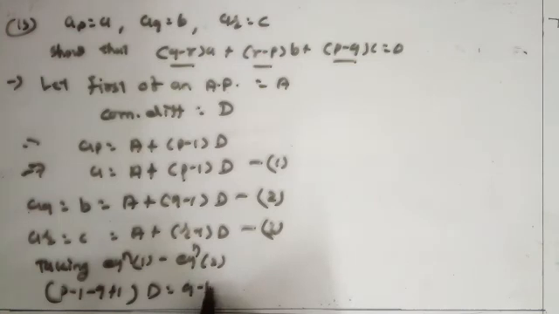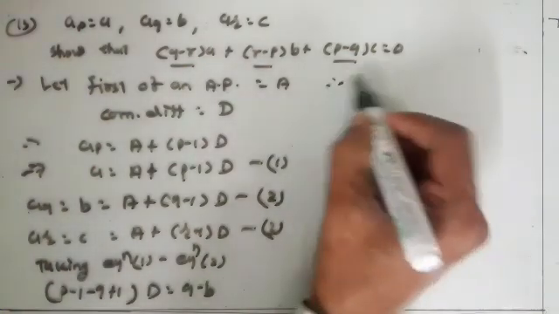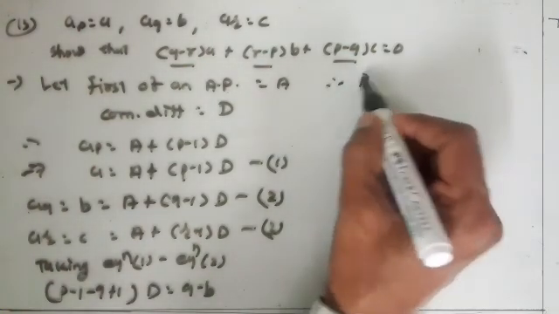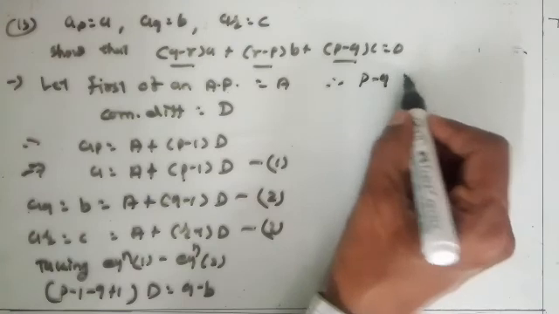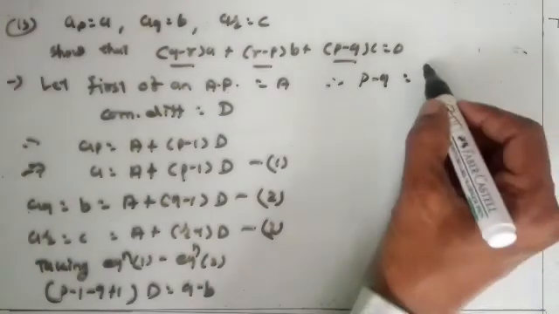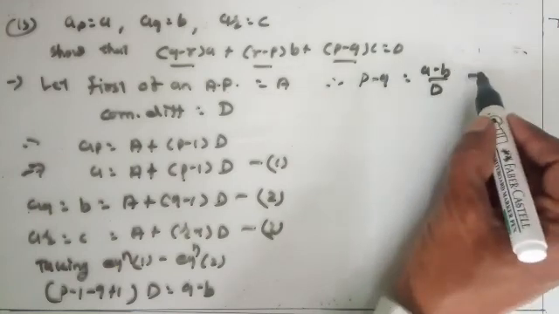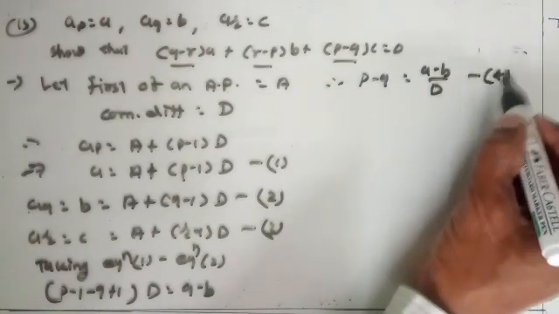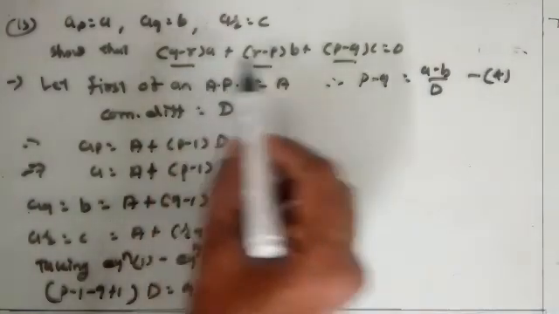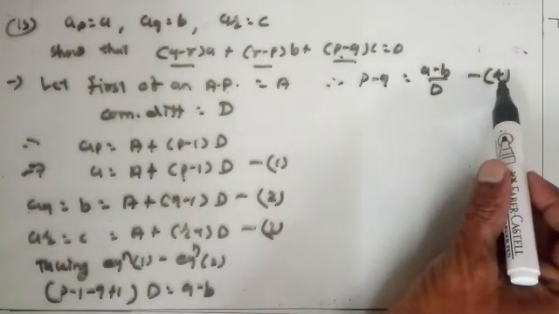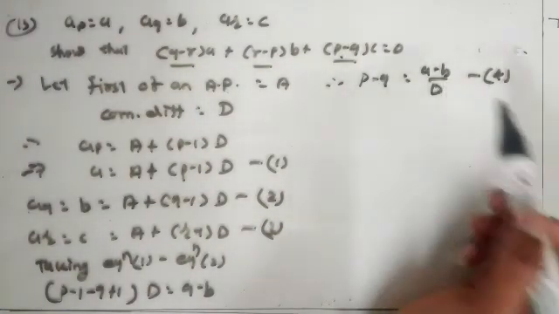Minus 1 plus 1 cancel, so p minus q is equal to (a minus b) upon D. Take this as result number 3. Here p minus q is equal to (a minus b) upon D.